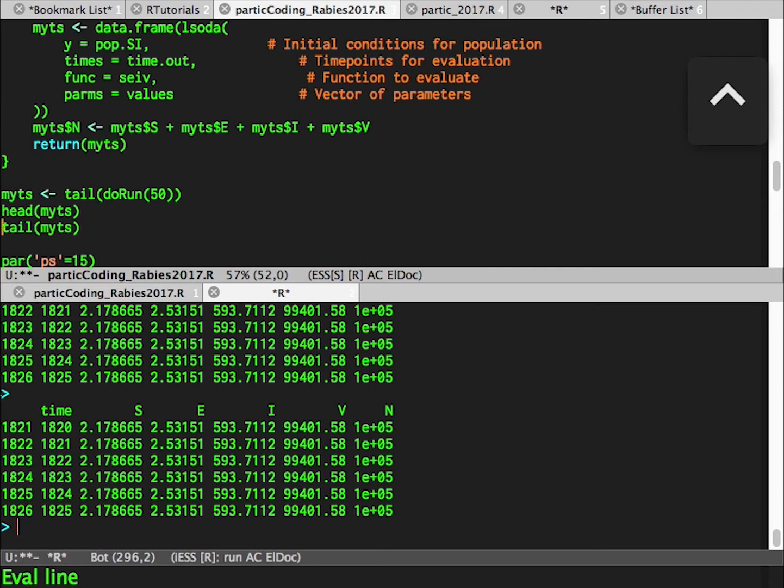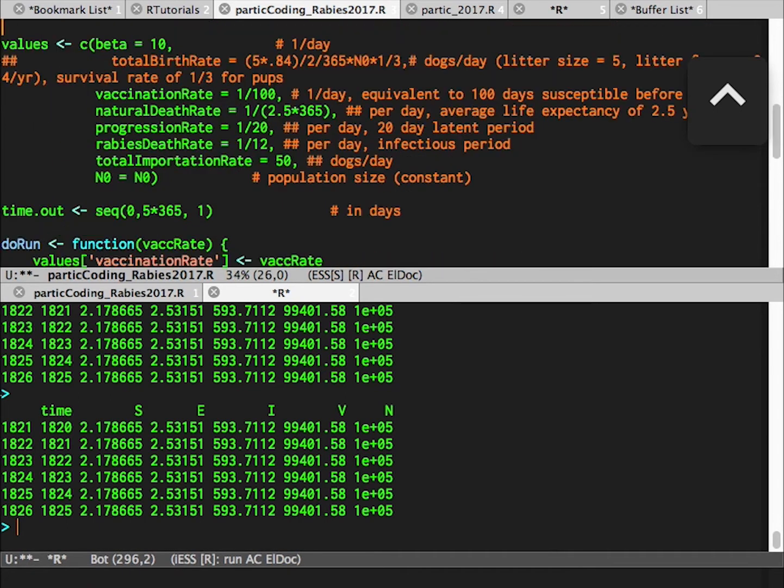The importation rate, right? Remember, we set that as super high, right? 50 dogs per day are coming into the system rabid, and they each live for how long? 12 days. So on a given day, if 50 dogs are coming in per day, we should expect about 50 times 12 dogs to be rabid, right? Which is about 600 dogs.